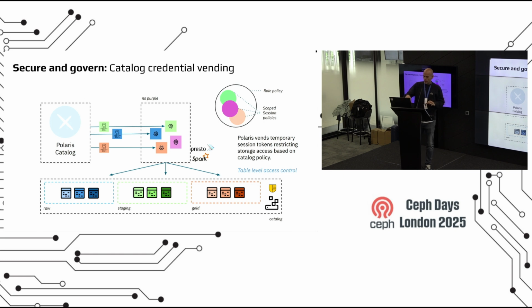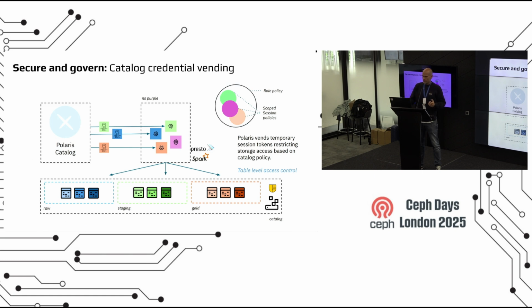The idea is that you have the Polaris catalog there on the left, and that's your single source of truth, because the Polaris catalog knows about your schemas, your tables, knows about the principals, the users that can access, and has grants to go to one table or another. So you have a centralized place where you have that information.